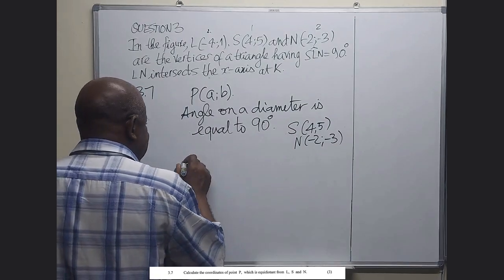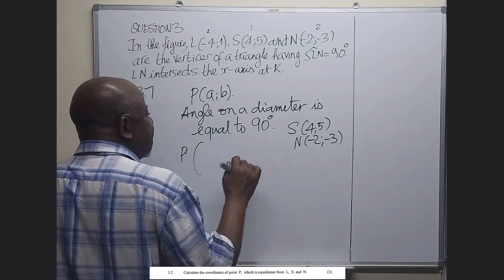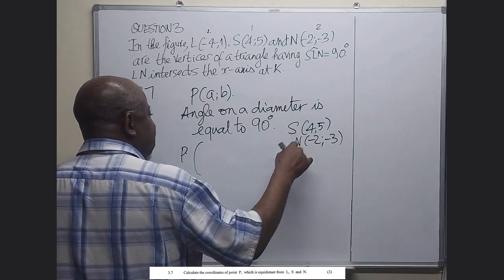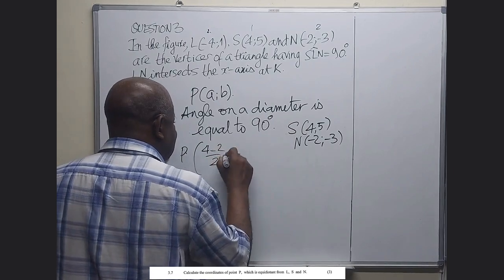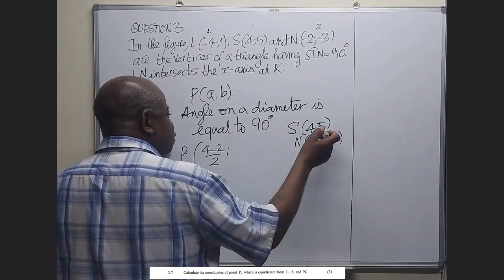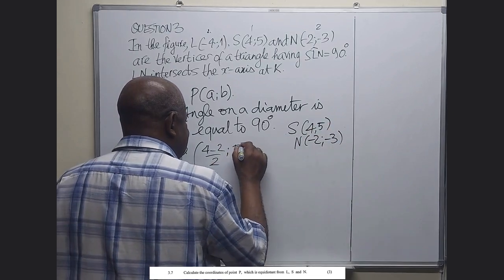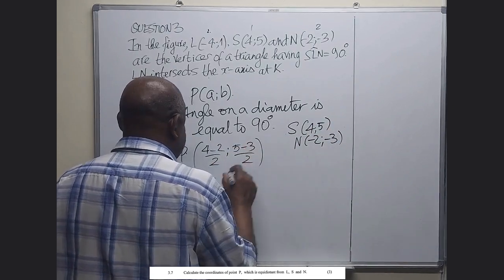Let's write them like this. P, the middle of SN, will have (4 minus 2) over 2, and the other one is going to be (5 minus 3) over 2.